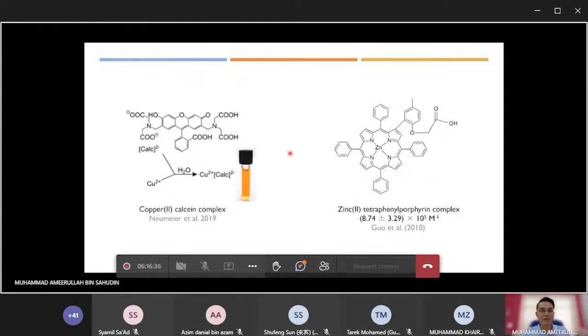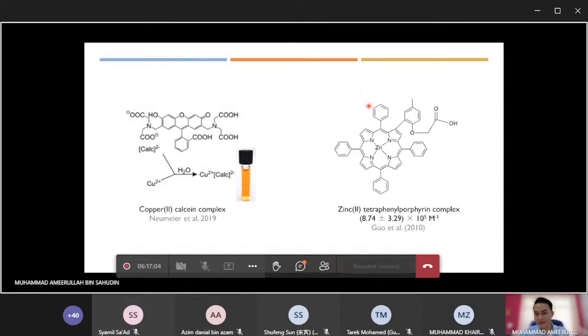Previously, there were a few sensing materials based on metal complexes, a metal and a ligand. On the left side is a copper(II) complex by Nemio et al., 2019. It was synthesized and said to be a good binder to histamine, a fluorescent sensor for histamine detection.